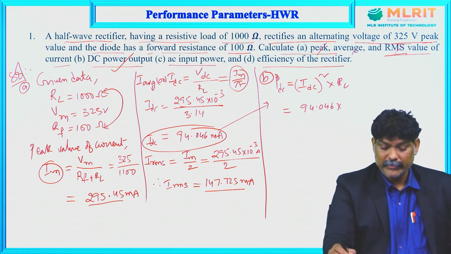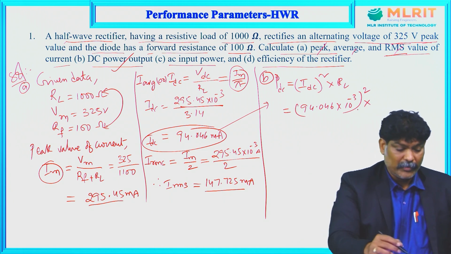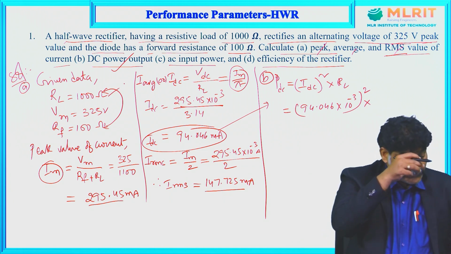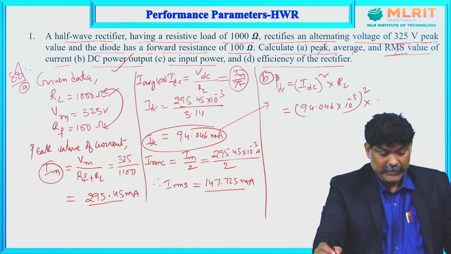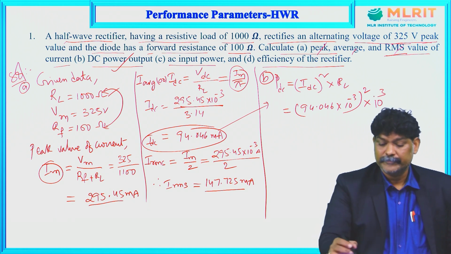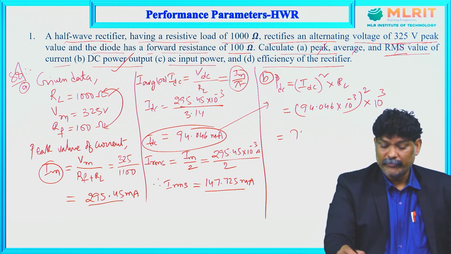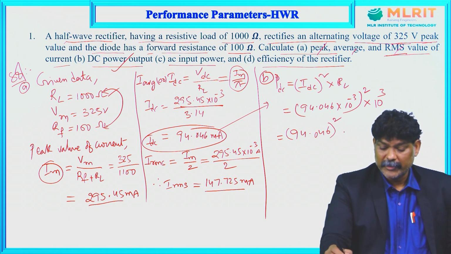IDC is 94.046 into 10 power minus 3, whole square, into RL. What is the value of RL? RL is 1000, which you can write directly as 10 cube. So 94.046 whole square into 10 power minus 6, and here 10 power 3 is there.